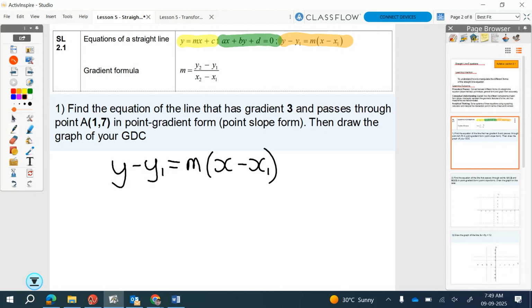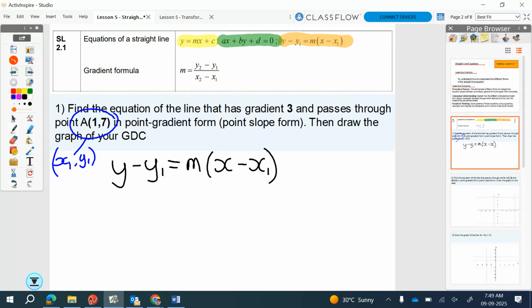This is an equation of a straight line. So we're given a coordinate. This coordinate here would be your x1 and your y1, x1, comma, y1. This is a particular point.